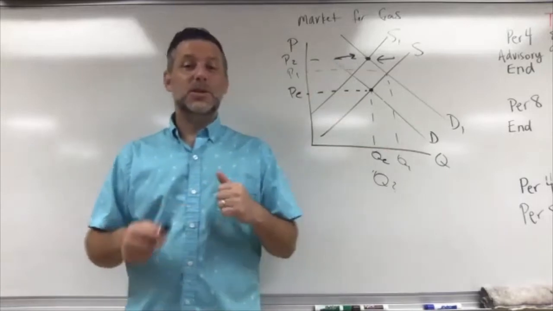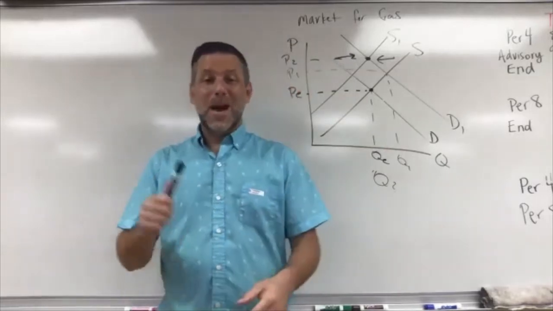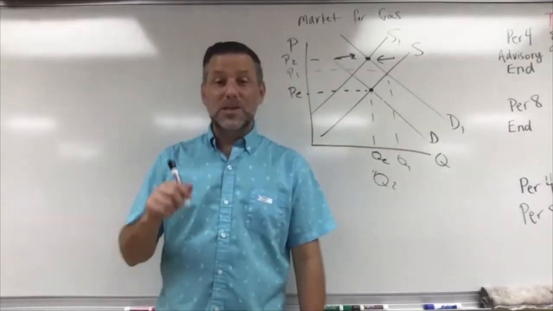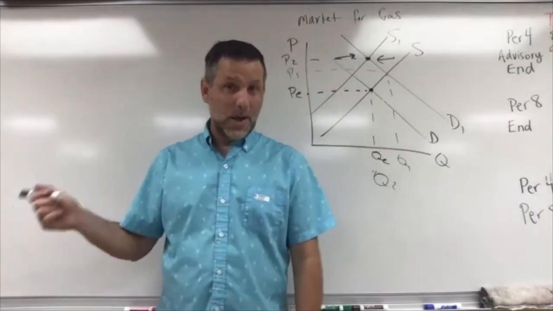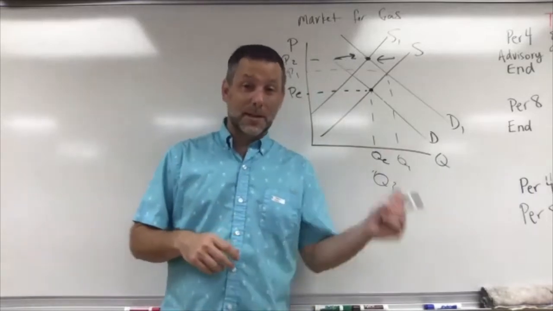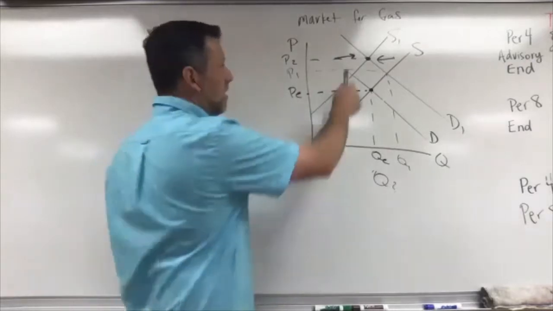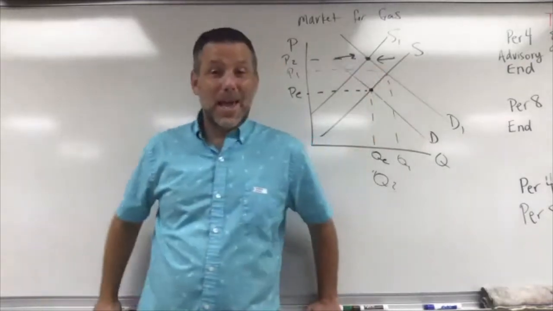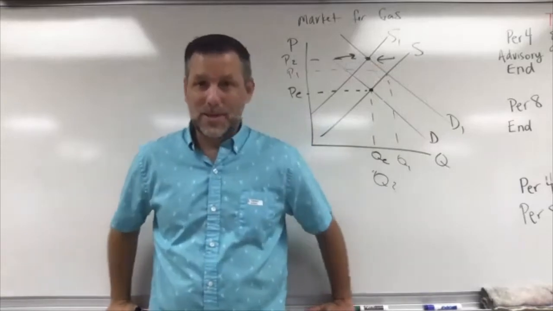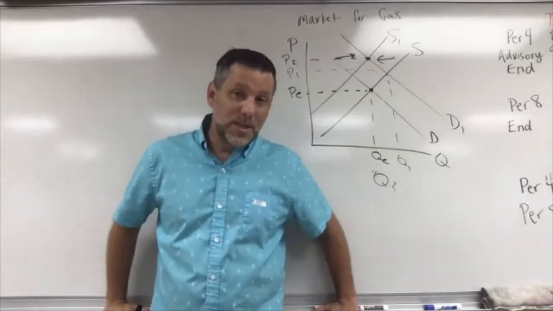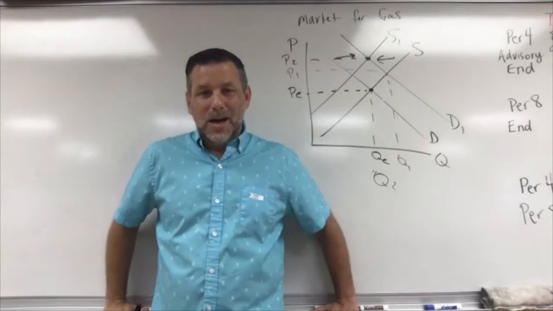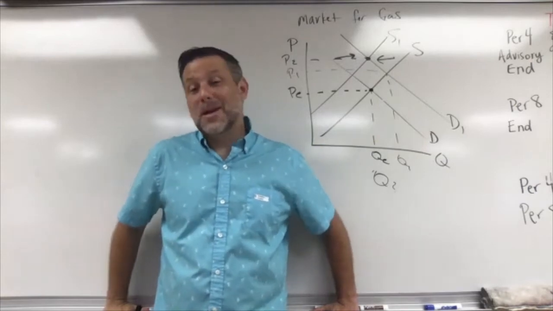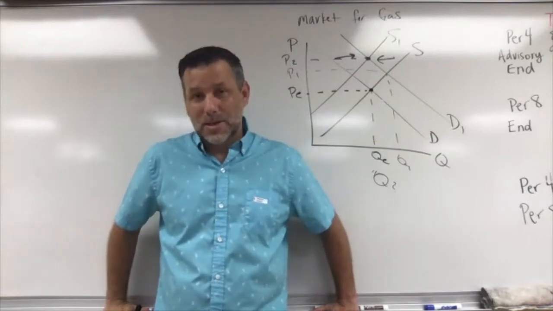But the things that I do need you to remember is that when we increase, we go to the right. When we decrease, we go to the left. So increase right, decrease left, that's going to be the same in macroeconomics all quarter. In general, supply goes in the sky, demand goes down in the dirt.